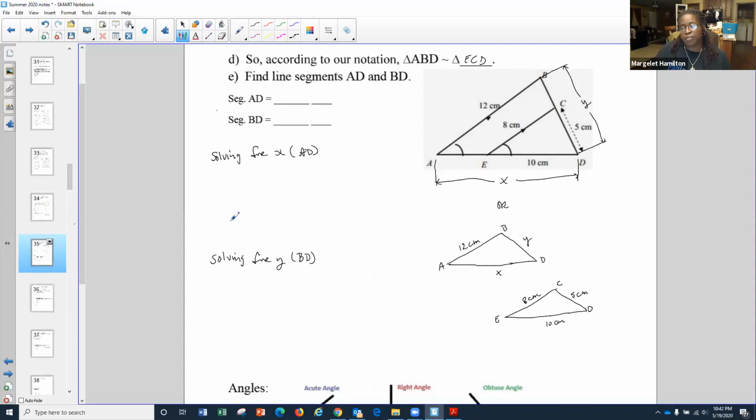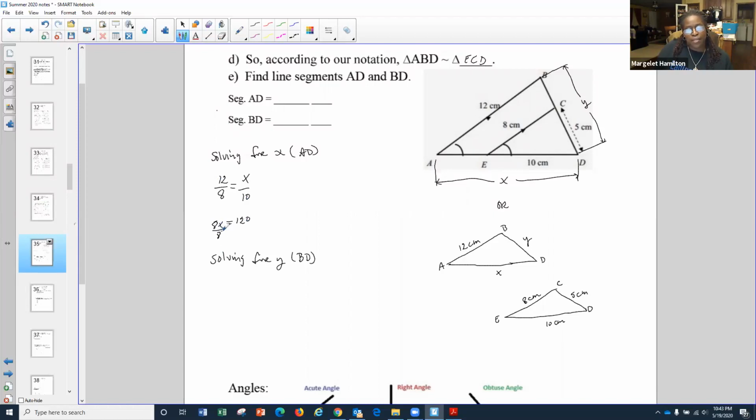I'm going to set up my ratio this time using 12 over 8 here and here. And then I'm going to go from X to 10, equals X over 10. Doing my math, cross multiplying, so we get 8x equals 120.